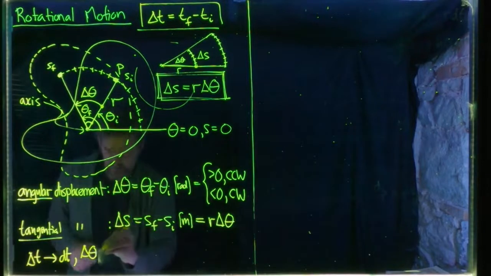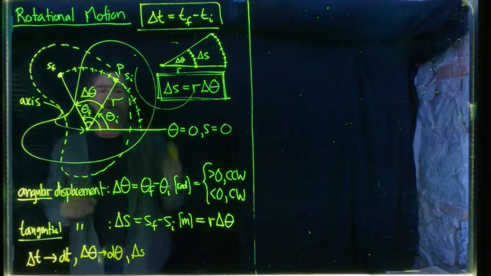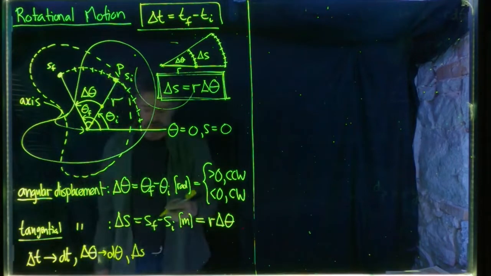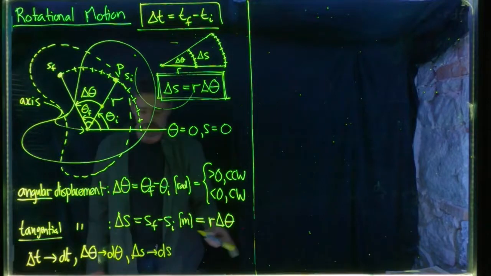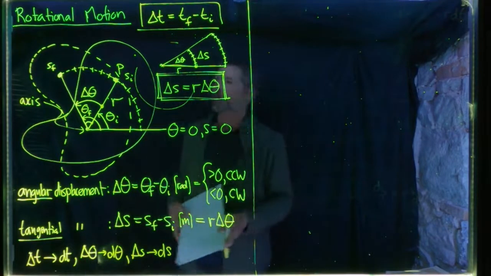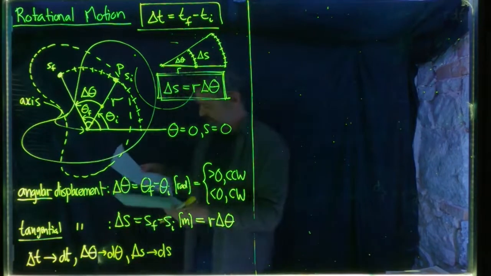And delta S, a finite tangential displacement, becomes just an infinitesimal tangential displacement ds. Okay?